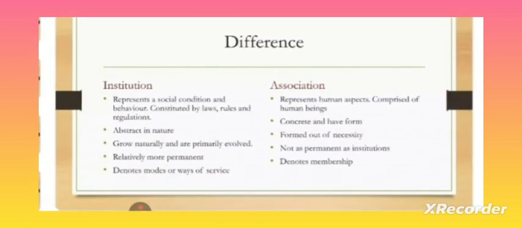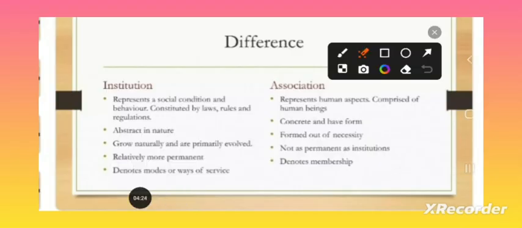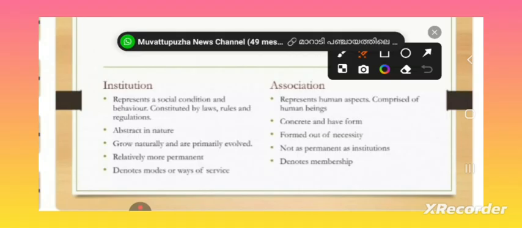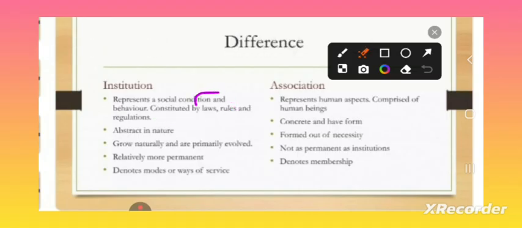Differences. Institution and association differences. Based on nature: an institution denotes a social condition and behavior constituted by laws, rules, and procedures. An association denotes human aspects, comprised of human beings.